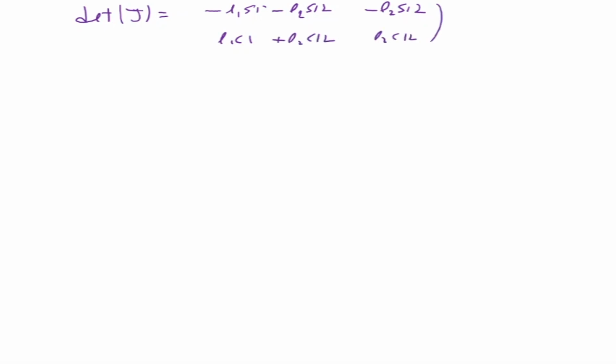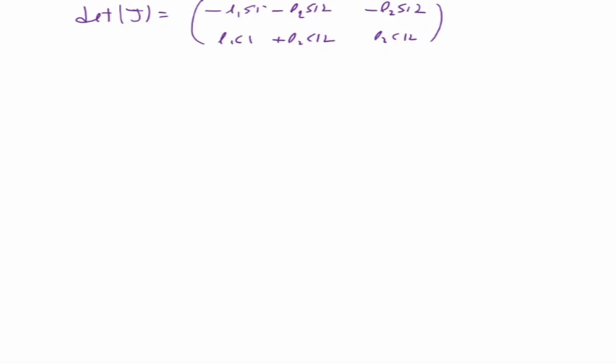Now we talked about the determinant of J, and our J was given by minus L1 sine 1 minus L2 sine 12, minus L2 sine 12, and here it was L1 cos 1 plus L2 cos 12, L2 cos 12.